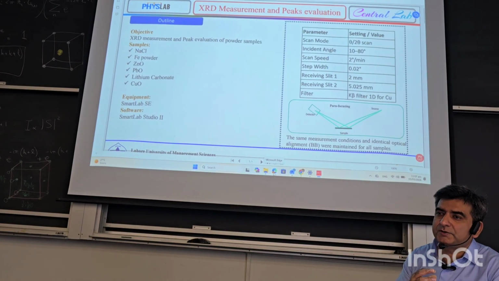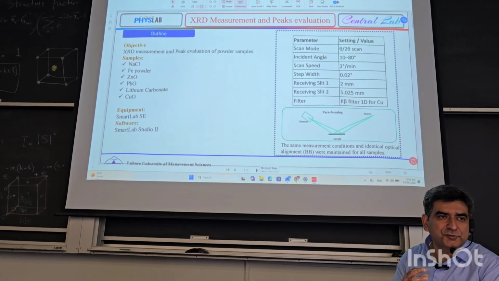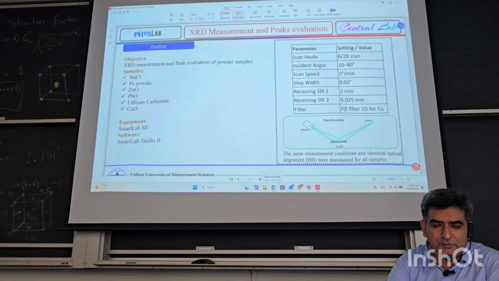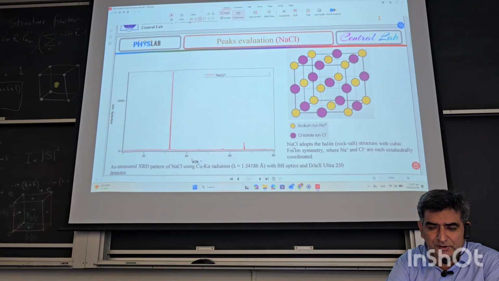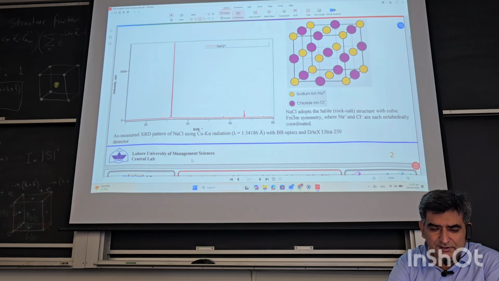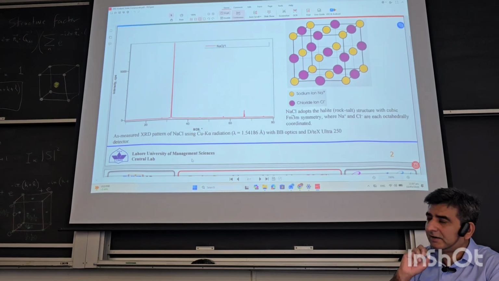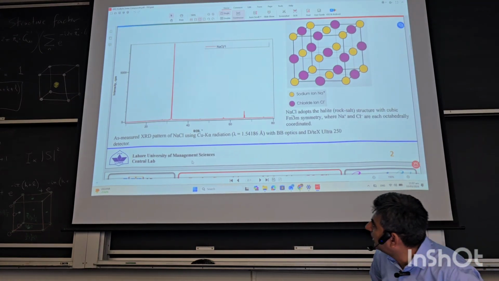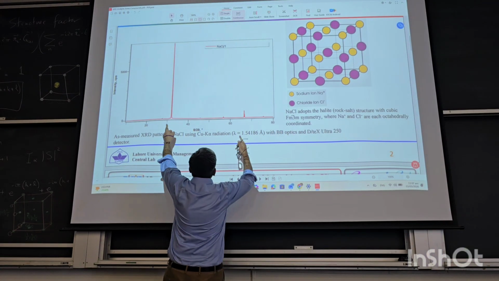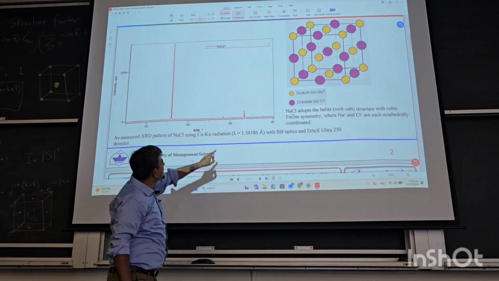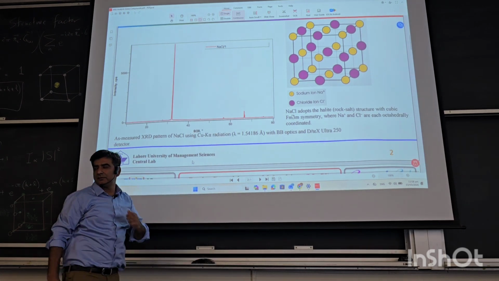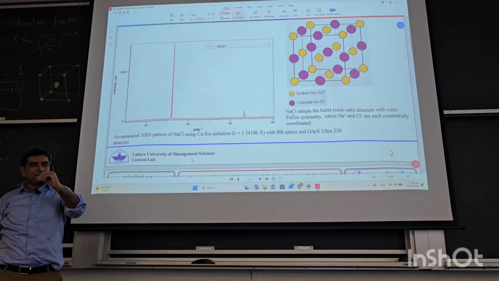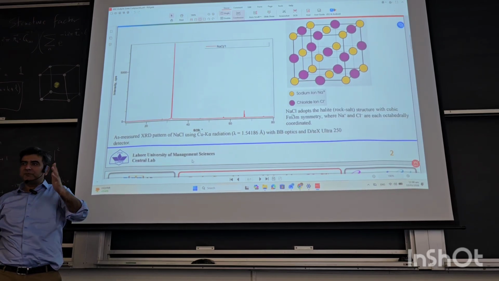Generally you plot versus 2 theta, because 2 theta is the deviation angle. If you look at sodium chloride, the peaks here are of two kinds. One are these large peaks, and the other are these very small peaks, corresponding to F Na plus F Cl and F Na minus F Cl squared.